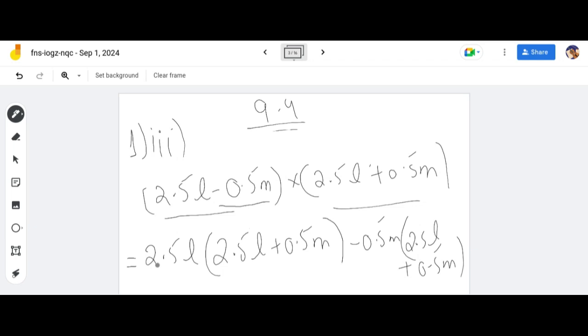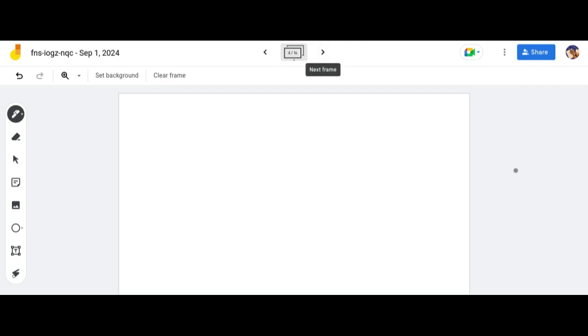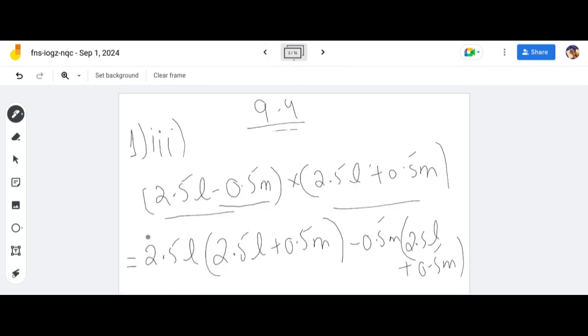So your multiplication should be very clear. Now I have to multiply 2.5 first, then 2.5 with 0.5. Do you know the point multiplication? Yes. 5 fives are 25.